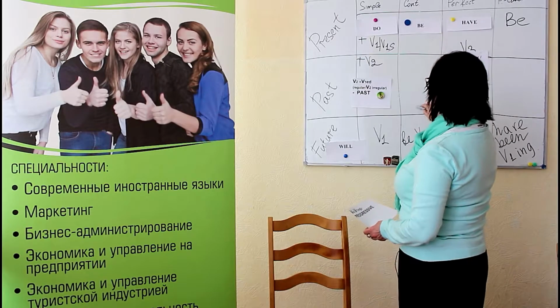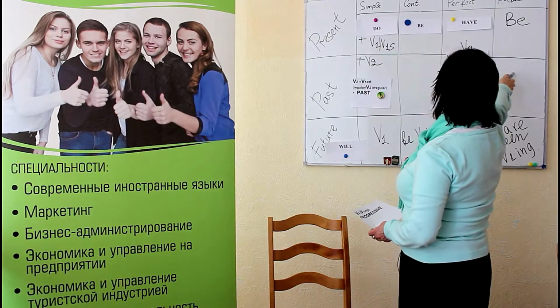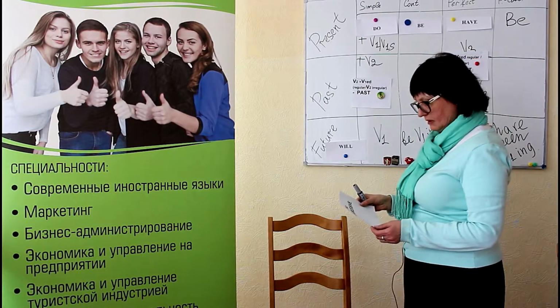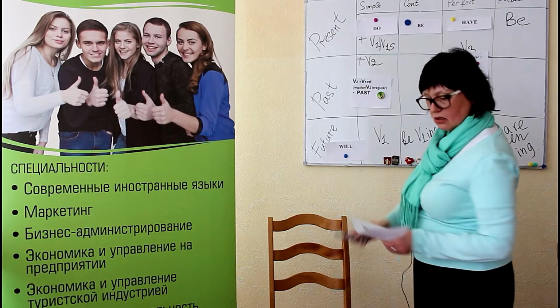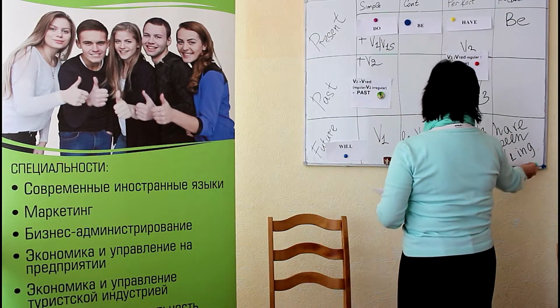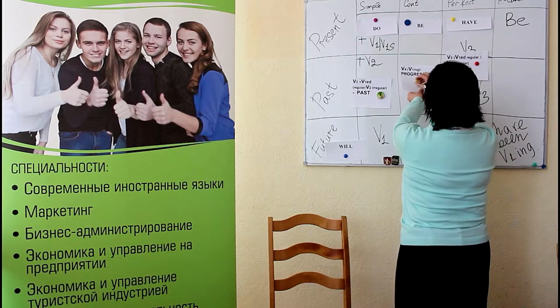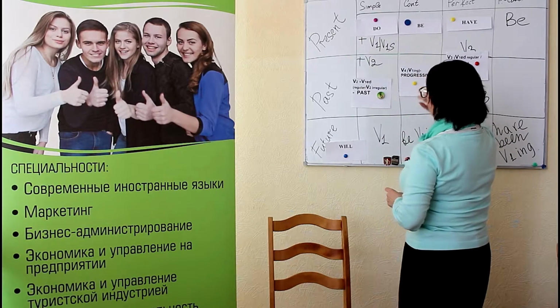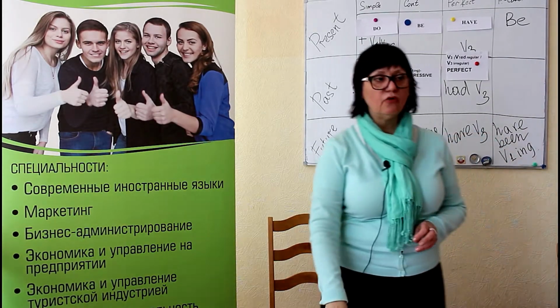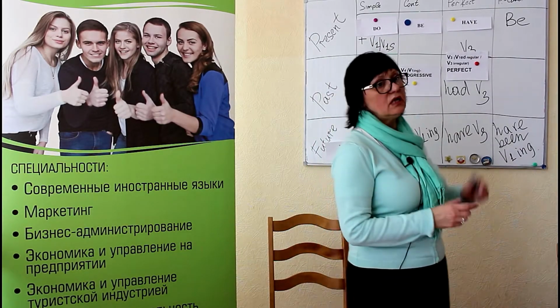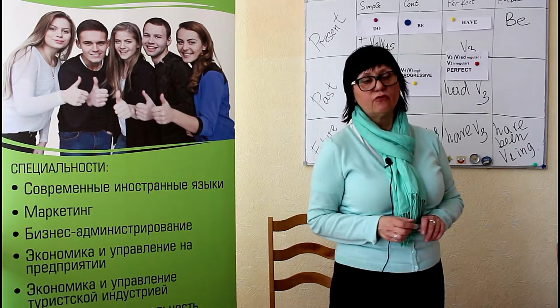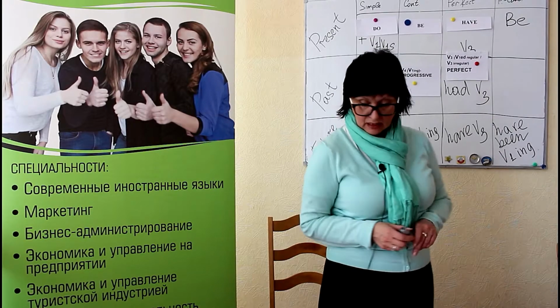Now, when we speak about continuous or perfect continuous aspects, and they are called progressive, we use the ing form of the verb, and sometimes it can be called the fourth form.